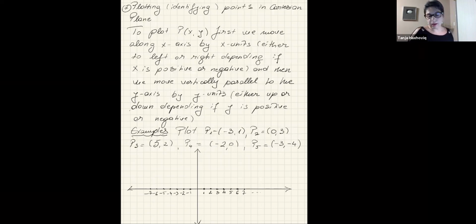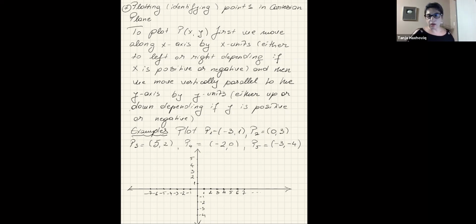After all, these are nothing other than copies of the real lines being perpendicular to one another.